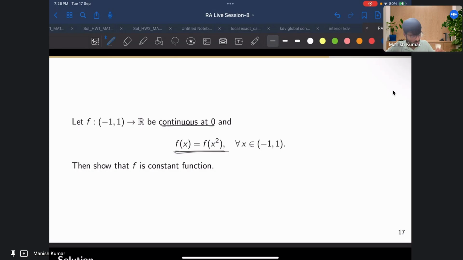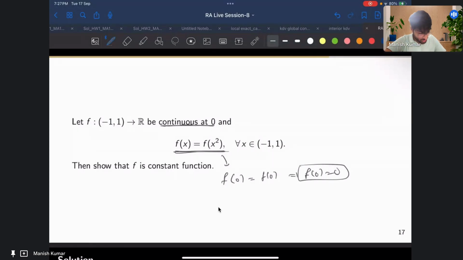From here you can see one thing: if I put x equal to 0, I get f(0) equal to f(0), so one value is known to you, f(0). Okay, so let's leave the point 0. Now the question is, what we have to prove is that it is constant.